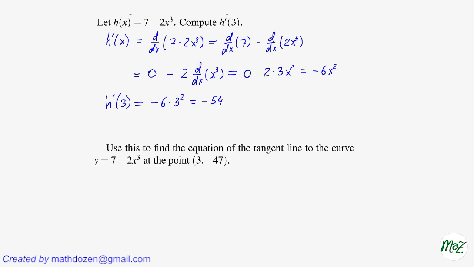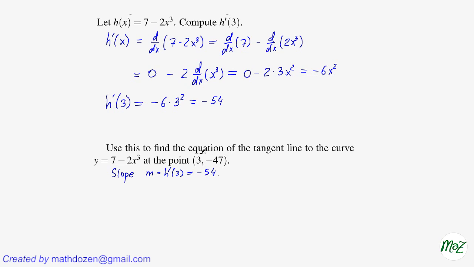The second part of that question asks to find an equation of the tangent line to the same curve, 7 minus 2x cubed, at the point 3, negative 47. Since we already did the derivative, we know that the slope of the tangent line is the value of the derivative at 3, and we already know that it's negative 54.